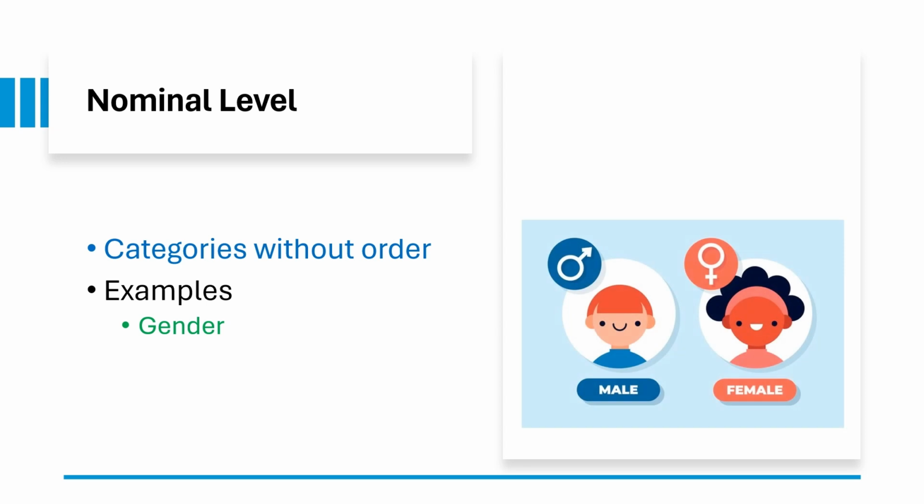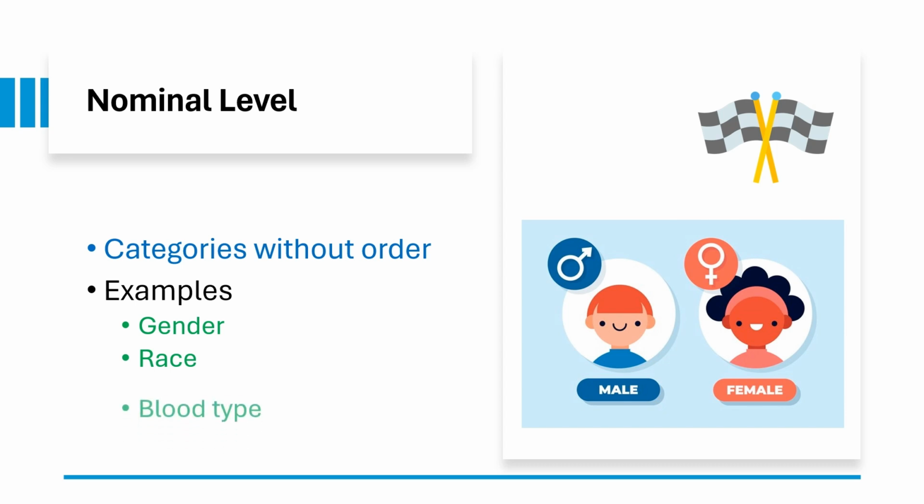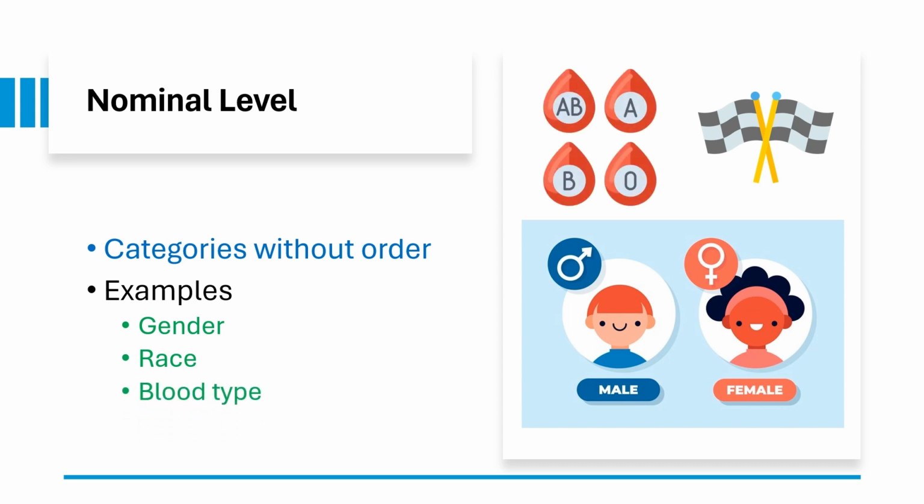Race is another example, with categories like Asian, Black, White, and so on. Blood type is also nominal, with categories like A, B, AB, and O. These categories are mutually exclusive and collectively exhaustive, meaning each data point can only belong to one category and every data point belongs to one category.